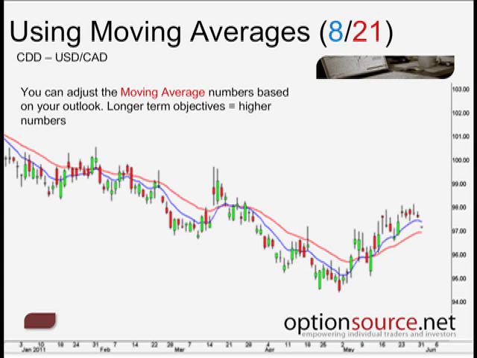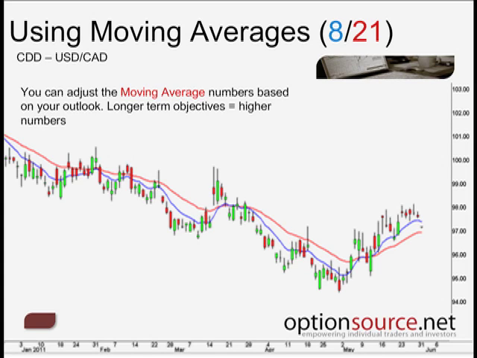Now, what we do in order to help identify a change in direction is we add a shorter-term moving average, which is an 8-bar moving average. And this technique is a simple technique known as a double moving average crossover.